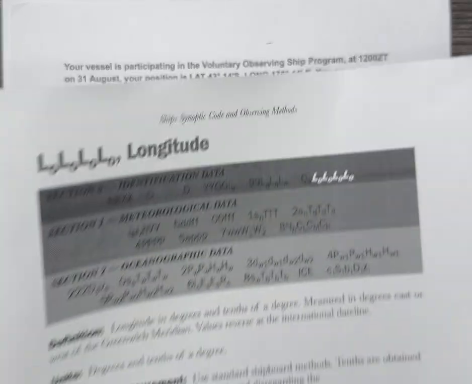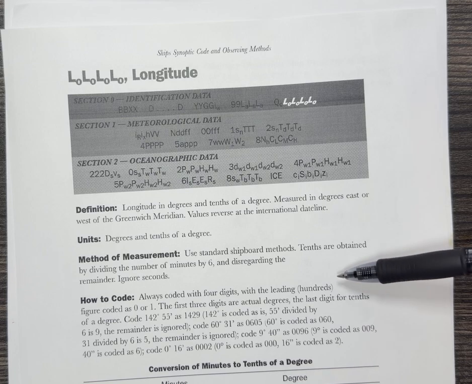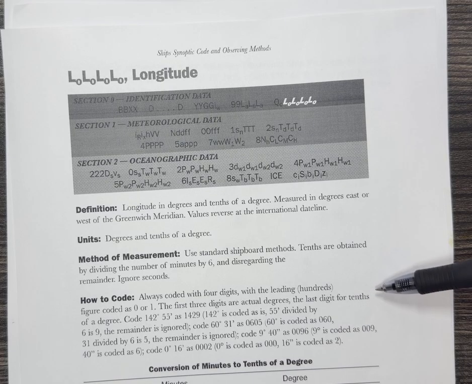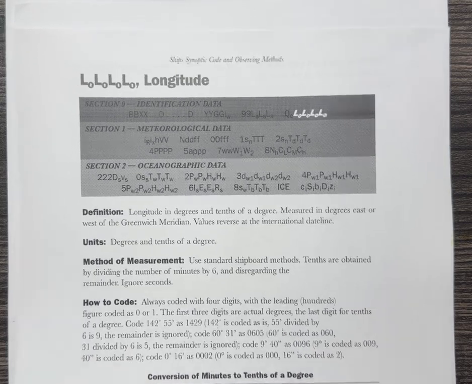We'll now go to the longitude page in the weather coder book. And let's see. You always code the longitude with 4 digits, with the leading figure coded as 0 or 1. The first 3 digits are actual degrees. The last digit is for tenths of a degree, so 142 degrees 55 is coded as 1429. 142 degrees is coded as the first 3 digits. 55 is divided by 6 to get 9. So that's the same rule as the latitude.